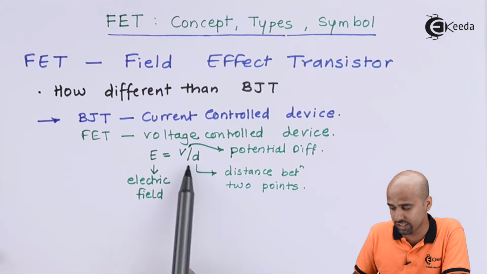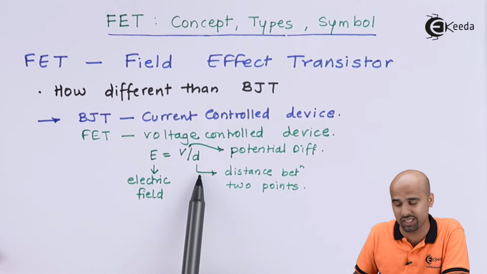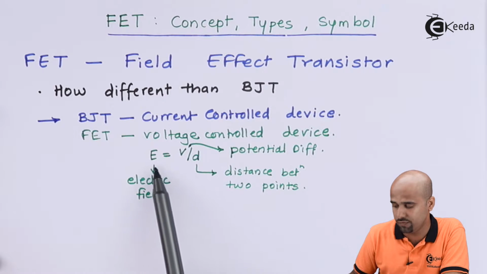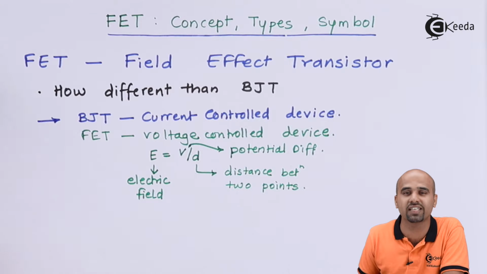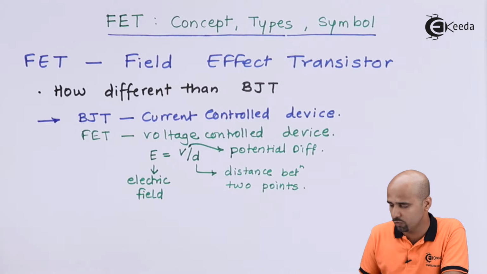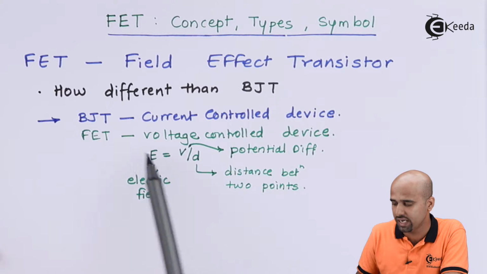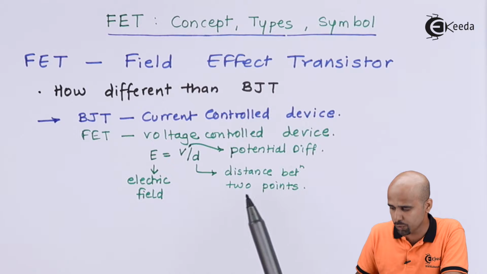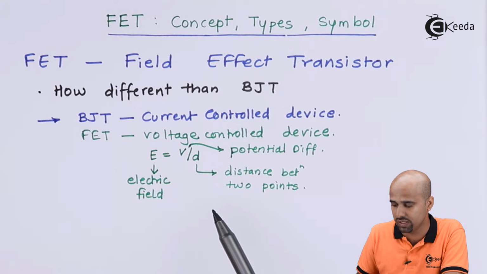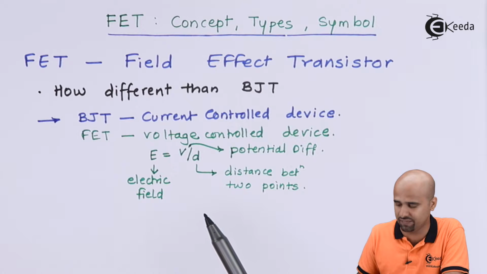If we vary the voltage and keep the distance constant, then also the field will get affected, and if the field gets affected, the operation will get affected, and that is why FET is a voltage controlled device. This is the first point, on that basis we differentiate BJT and FET.